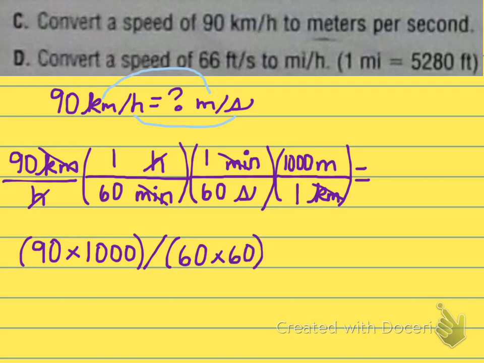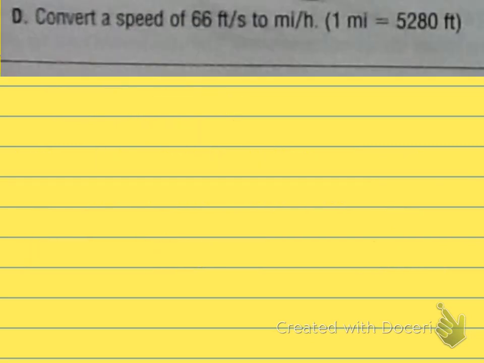So 90 times 1,000 divided by, use my parentheses, 60 times 60. And I get 25, which is okay in terms of significant figures. Really, if we're being careful here, this 90 only has 1, so we probably should say that this is 30 meters per second. So, again, that's how you do letter C.